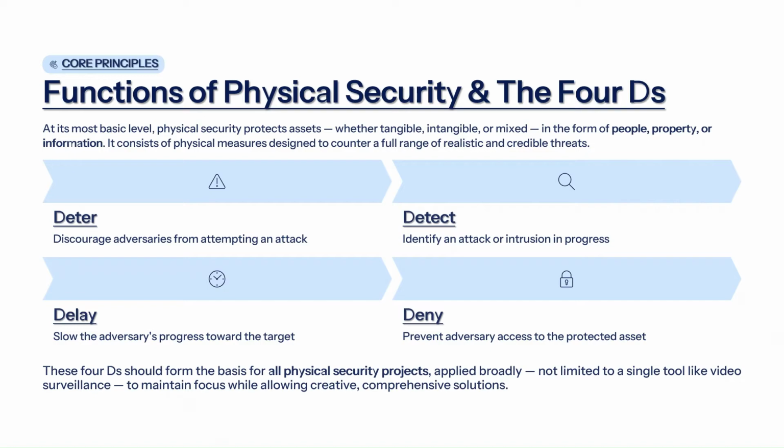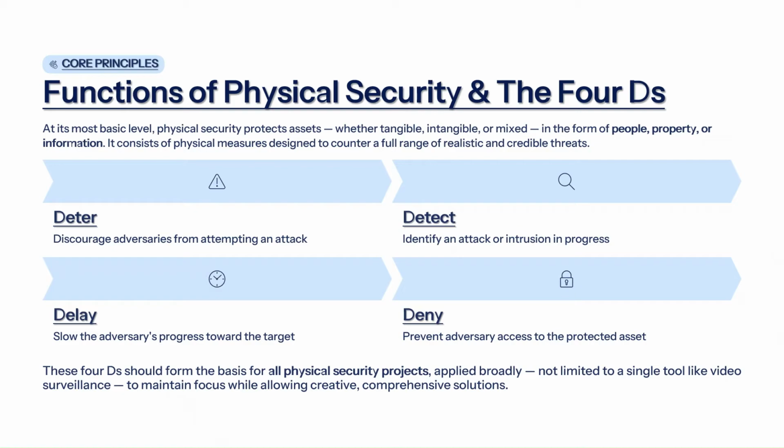Detect involves identifying an attack or intrusion in progress. This may include intrusion detection systems, alarms, video surveillance, and monitoring personnel. Delay means slowing down an adversary's progress toward the target. Physical barriers, reinforced doors, locks, and access control systems increase the time required to reach protected assets.